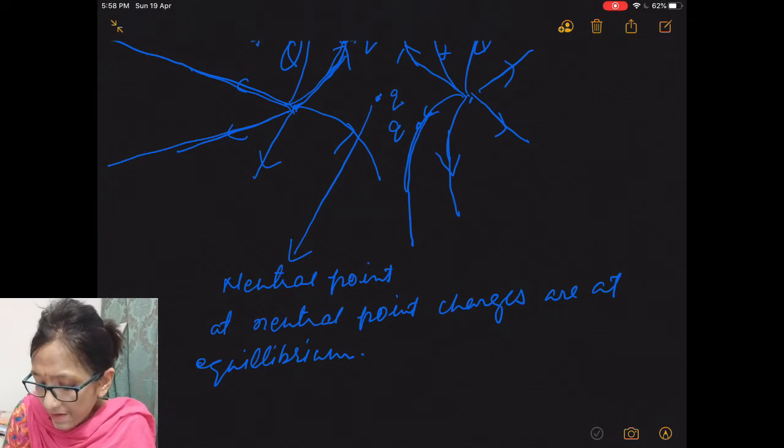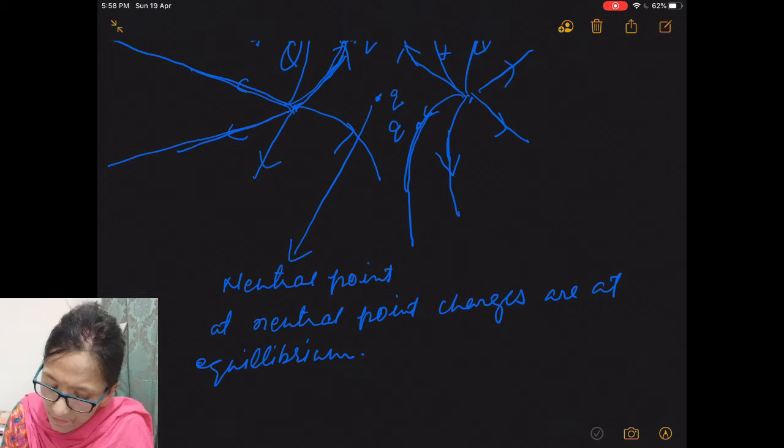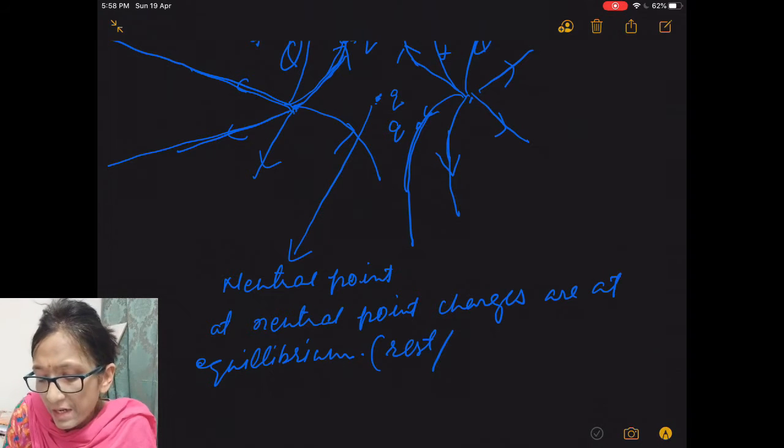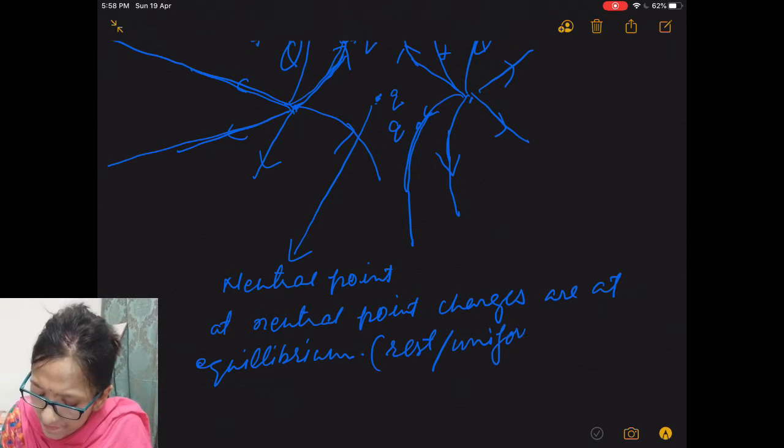Means they are at rest. They are at rest, or you can say in uniform state of motion, but here it is at rest. Rest or uniform velocity.